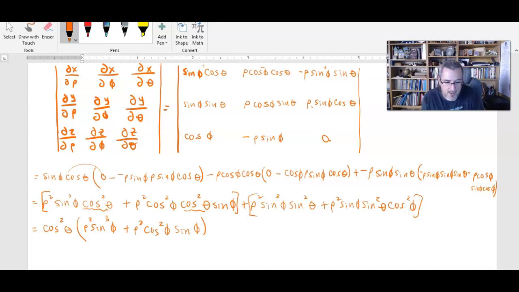And then over here, I see a common factor of sine squared theta. Let's factor it out. If we factor out a sine squared of theta, we'd be left with rho squared sine cubed phi plus rho squared sine phi cosine squared phi.